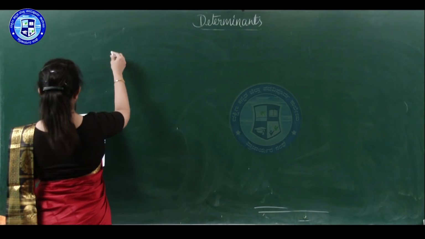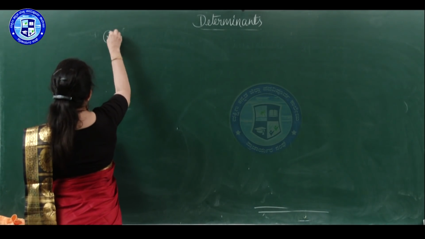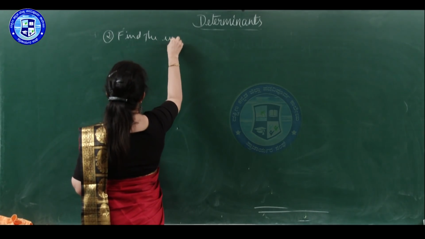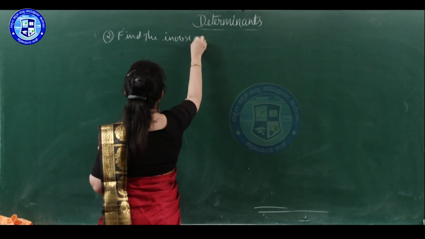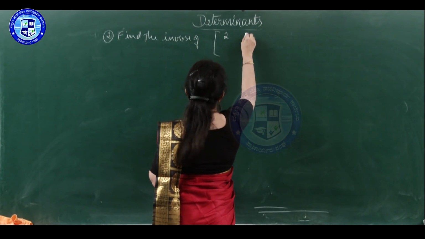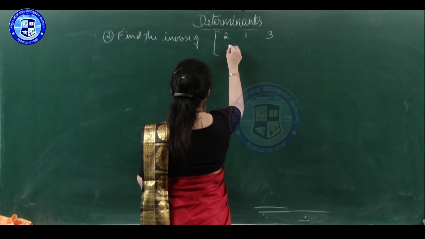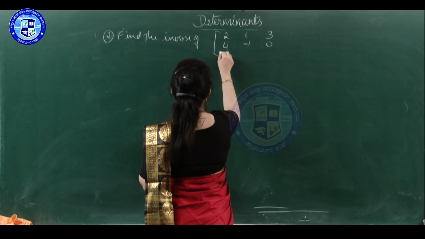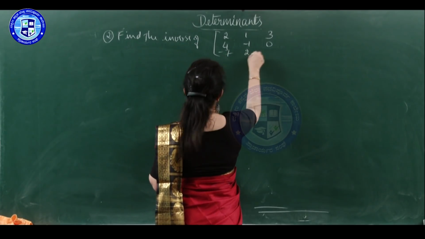Look at the next example, second one. Find the inverse of the matrix 2 1 3, 4 -1 0, -7 2 1.